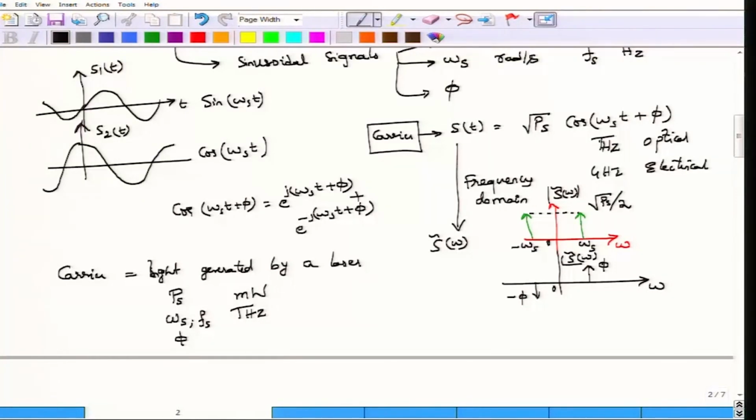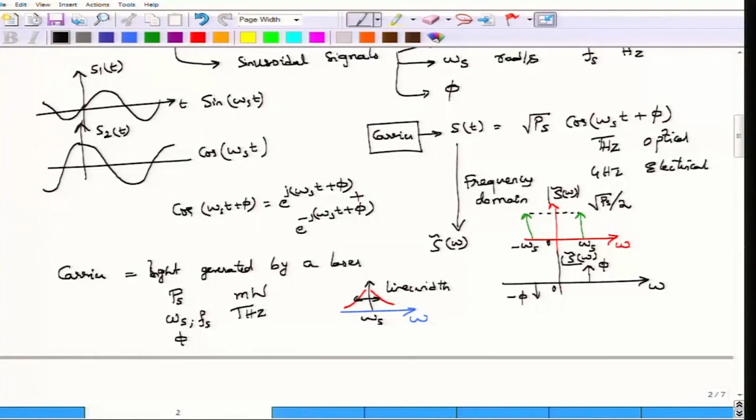You will later see that there is no such thing as an ideal laser, and a laser typically has a spectrum which looks like this. I am just showing one half of the spectrum here, which is located at ωs. What you would see is that the spectrum is actually a broad skirt around the central frequency or the signal frequency ωs, and this broadness is characterized by the line width of the laser. The laser has a non-zero line width.